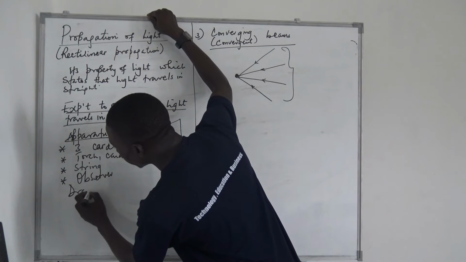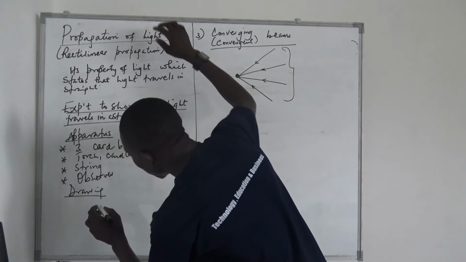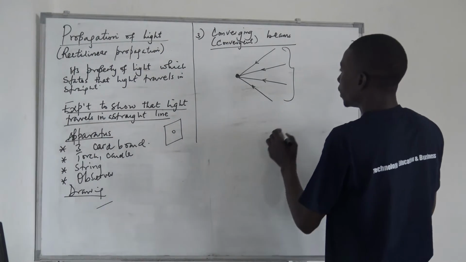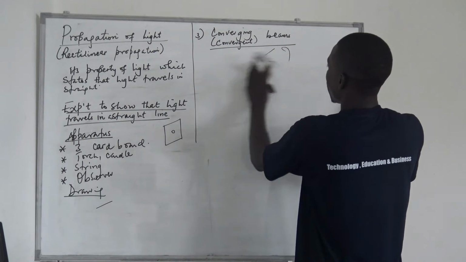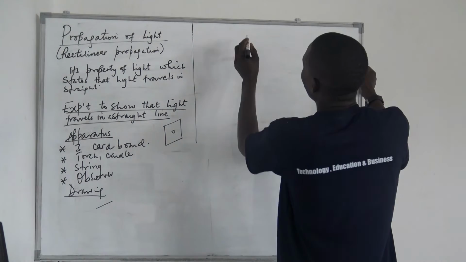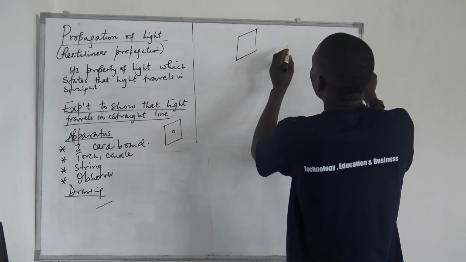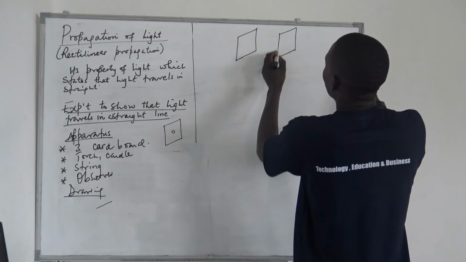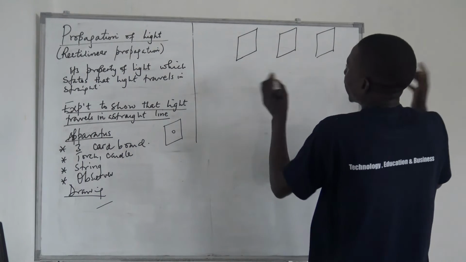And then how is the drawing looking? Let me draw it here. This is the first one, and then this is the second one, and then maybe the third one, I can arrange like that.